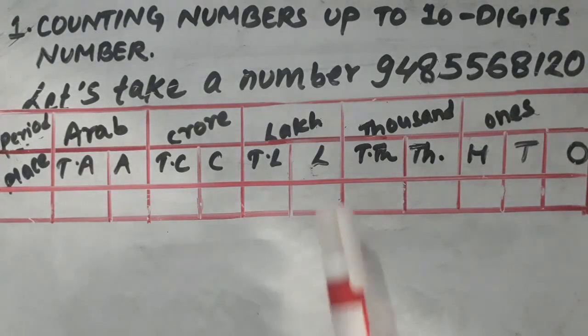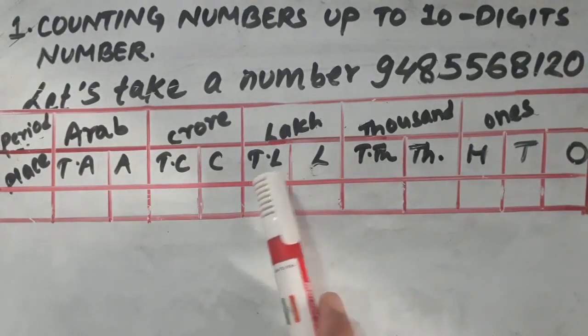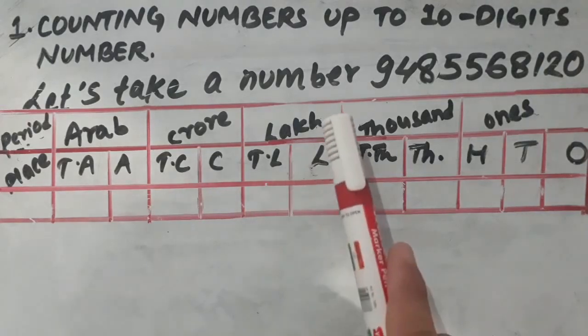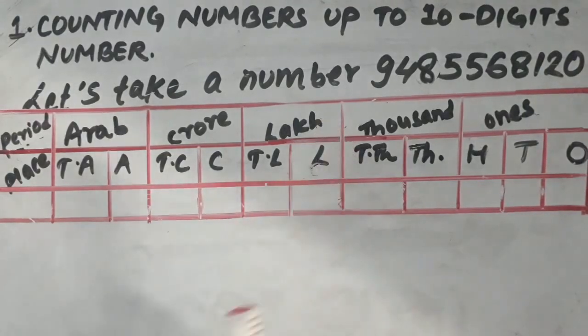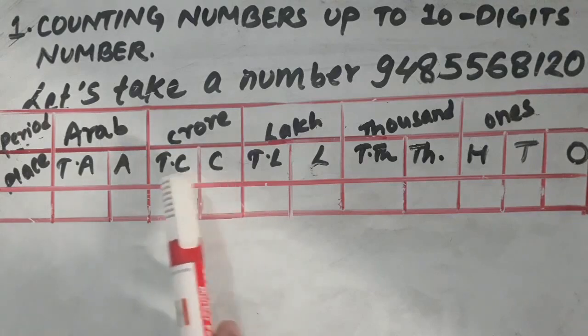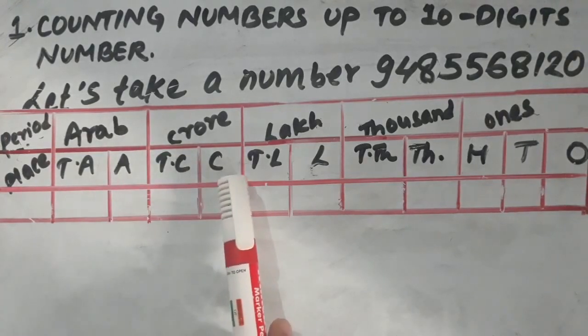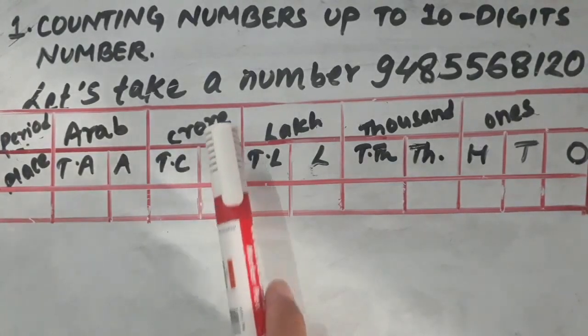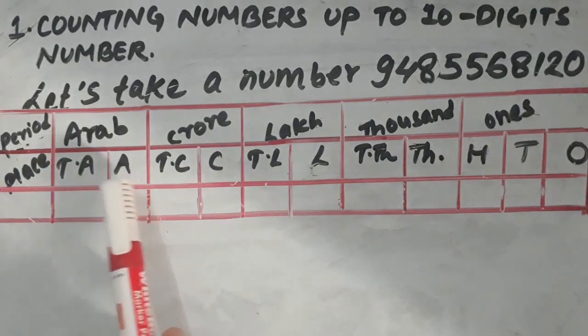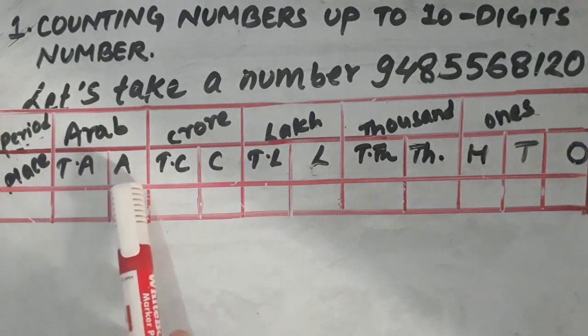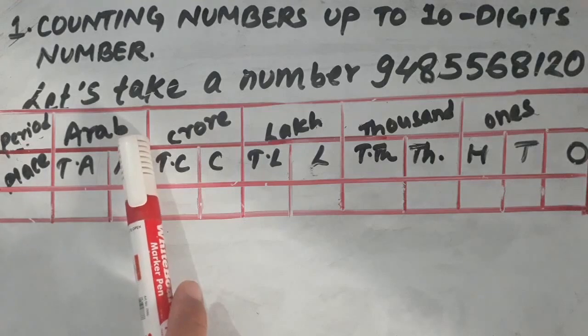And students, lakh, 10 lakh, these two places come under period of lakh. Crore, 10 crore, these two places come under period of crore, whereas arab, 10 arab, these two places come under the period of arab.